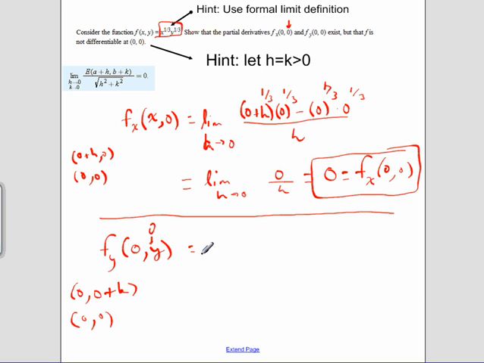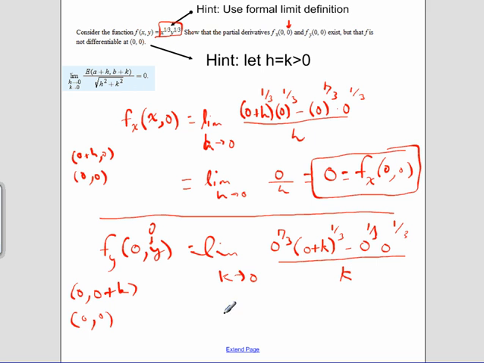So this is going to equal the limit as k approaches 0 of 0 to the 1/3 times 0 plus k to the 1/3 minus 0 to the 1/3, all over k. And similarly to the last problem, this equals the limit as k approaches 0 of 0 over k, which is just 0.